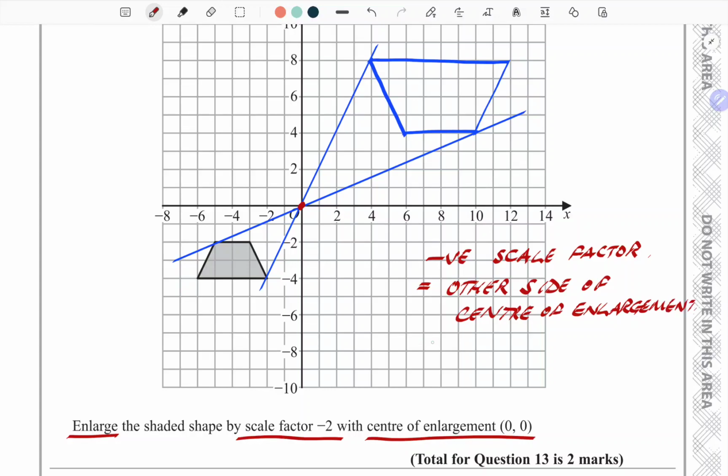Okay, and it also means the shape gets inverted, i.e. flipped upside down. The way to do these ones is to pick the two widest parts, two corners of the shape, as far apart as possible.